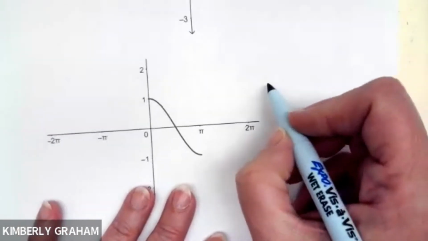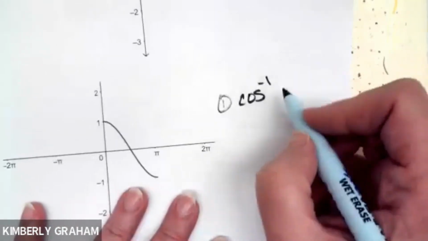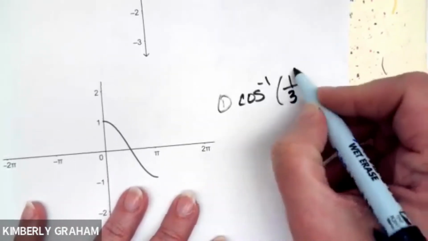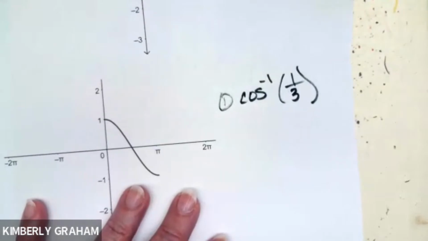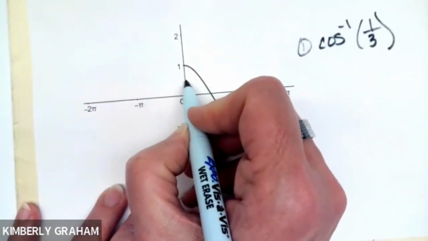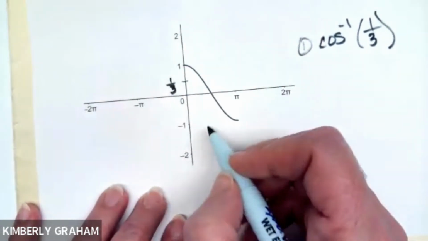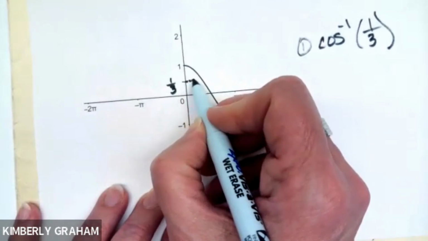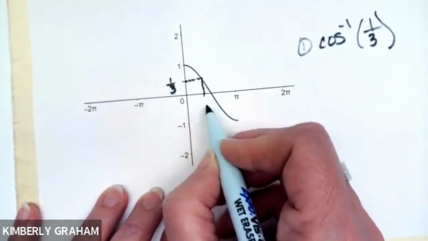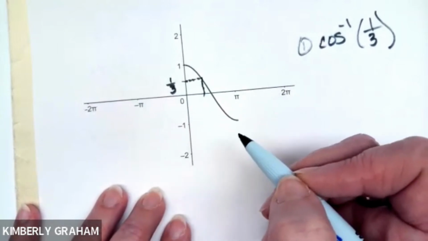If I wanted to find inverse cosine of 1/3, then I'm looking at some point here on my vertical axis that's 1/3, and I want to figure out what angle measure is going to give me that value.